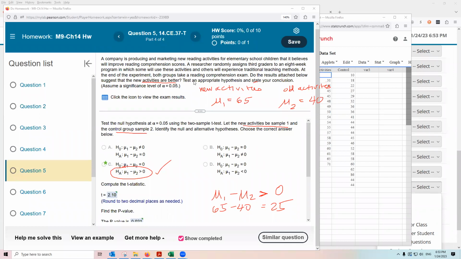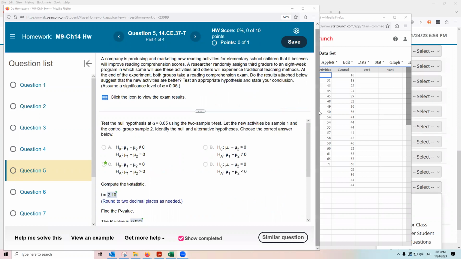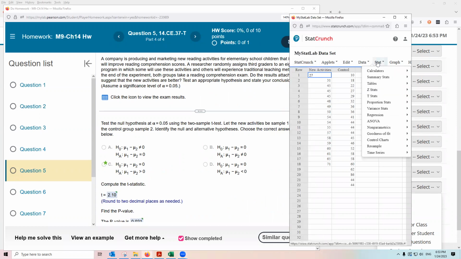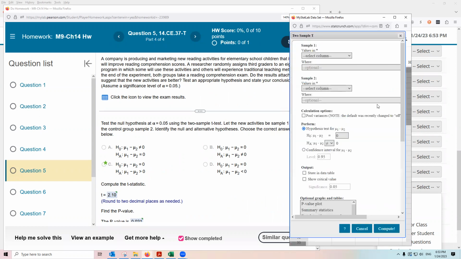They want the test statistic. Well, I'm going to let StatCrunch do the work for me. So I'm going to go Stat, T-Stats. Again, we don't know population standard deviations here, so I'm going to use T-Stats two sample with data. All right, so the new activities are going to be sample 1, and the control or the old activities are going to be sample 2.